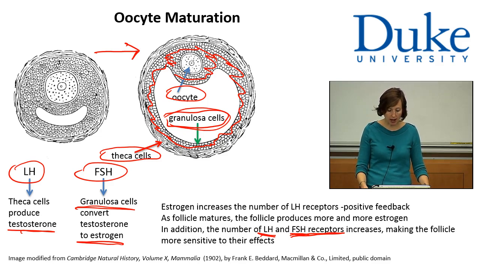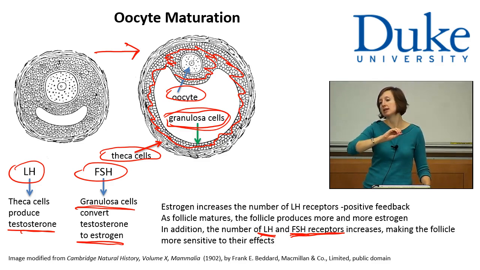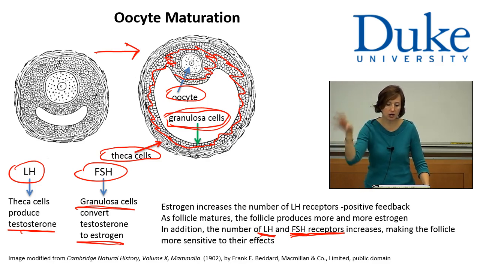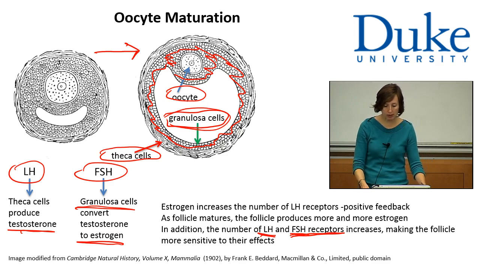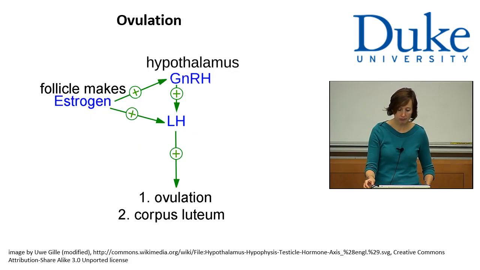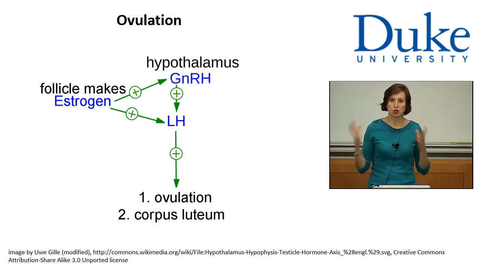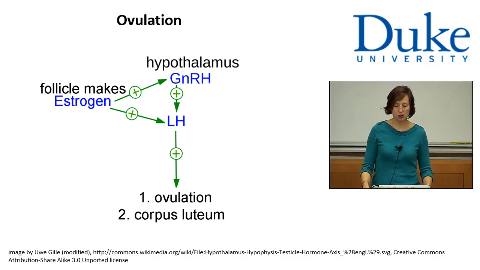So in this way, we have a chosen follicle that has survived, where it is making the estrogen that lowers LH and FSH, but then can survive that drop because it has so many receptors for them and is very sensitive to those two hormones. So this follicle is then going to continue to mature, even though FSH and LH are slightly reduced.